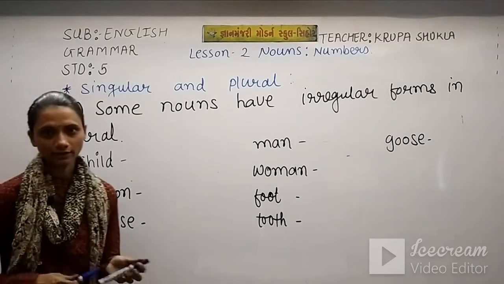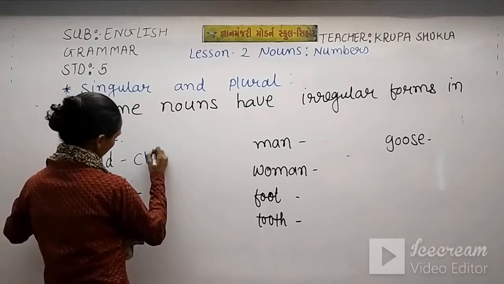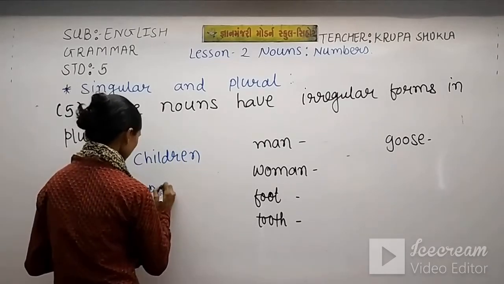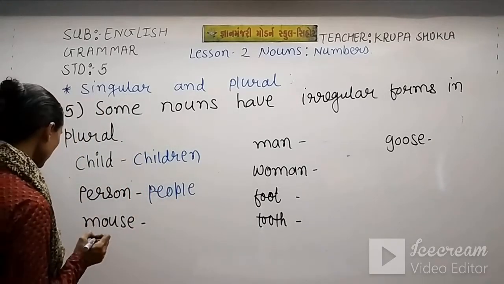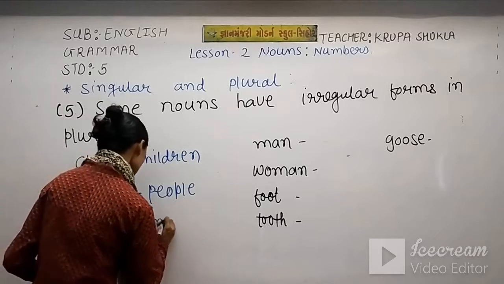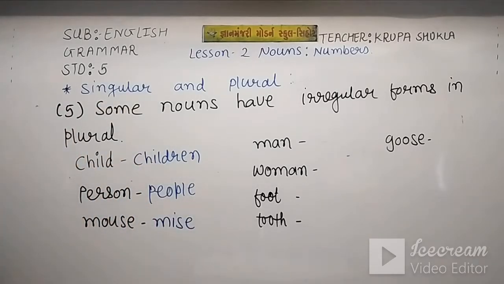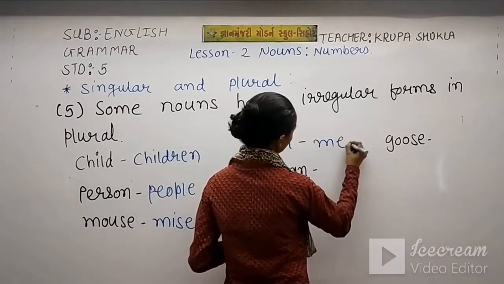See, no need to add any suffix. So here the plural form of child is children. Person becomes people when it becomes plural. Mouse becomes mice. We can't say mouses. Here man becomes men.